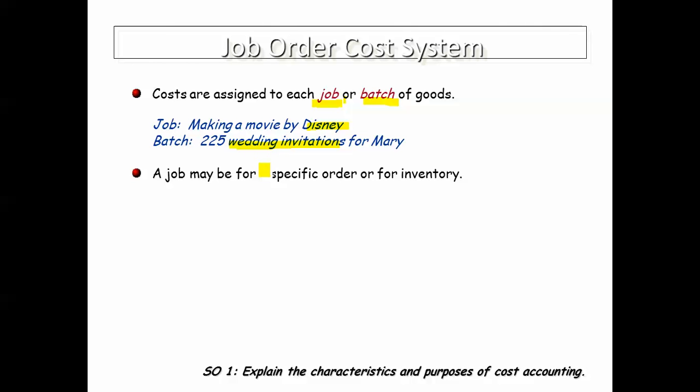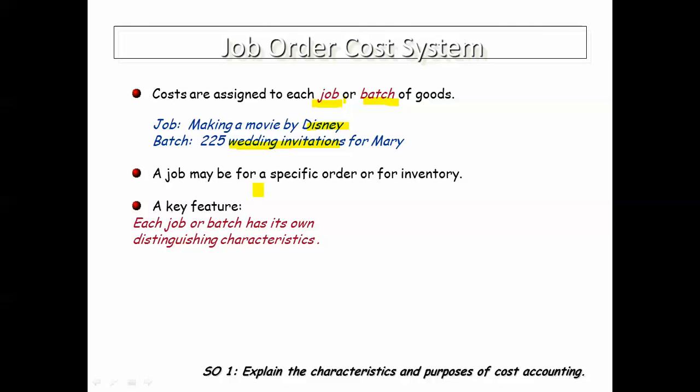Now, a job may be for a specific order or may be for inventory. A job might be the production of one desk, or another job might be the production of 1,000 desks for Abu Dhabi University. The key feature is that each job or batch has its own distinguishing characteristics: different size, different amount of material, different amount of labor for each job.